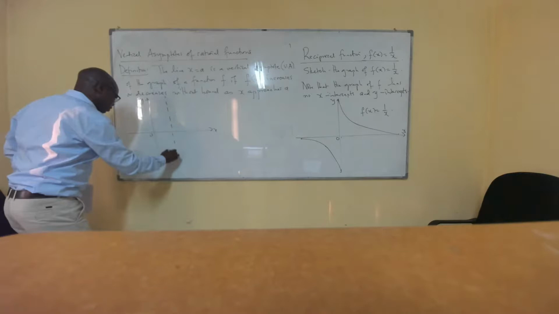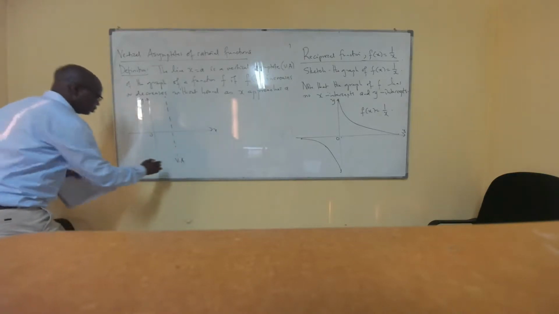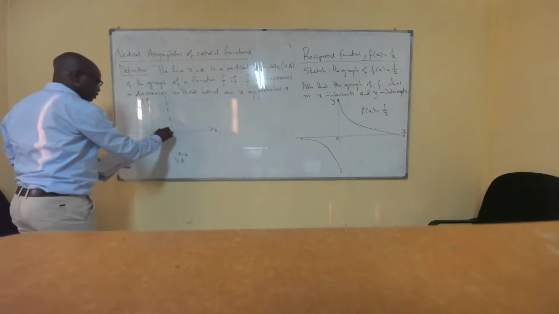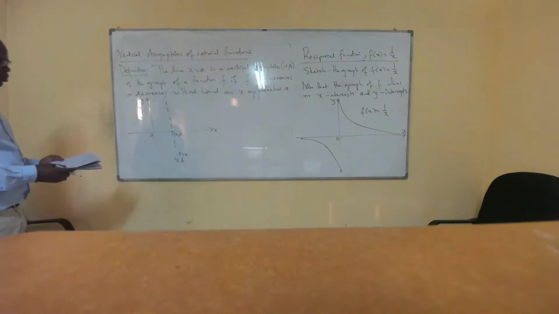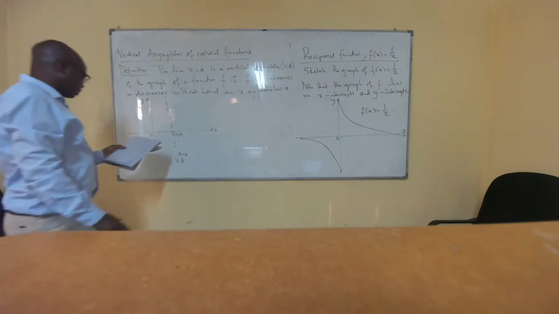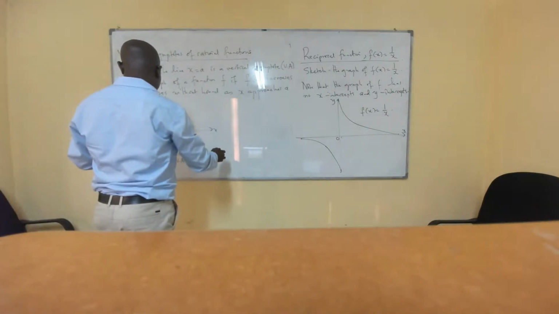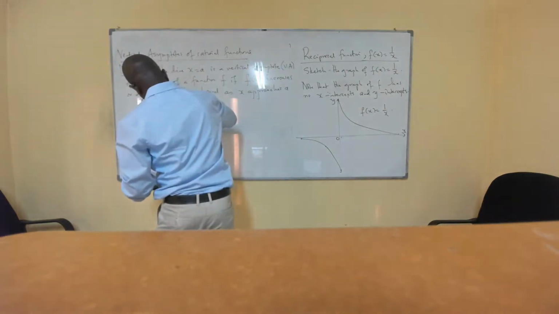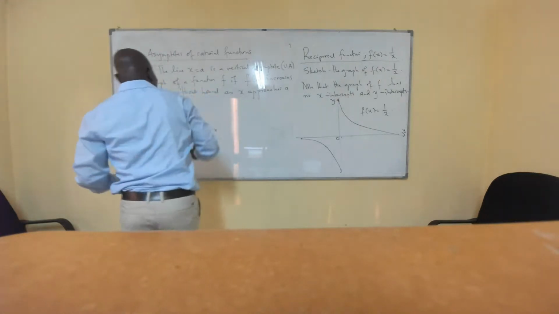If we are told this is a vertical asymptote, and this is x equals a, so this point there is a comma 0, then you can see that when we approach a from the right, the graph is coming like this.